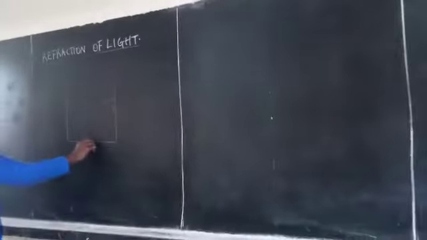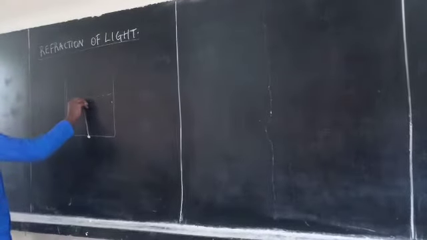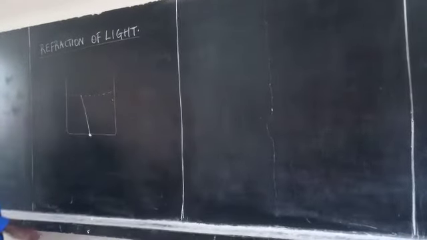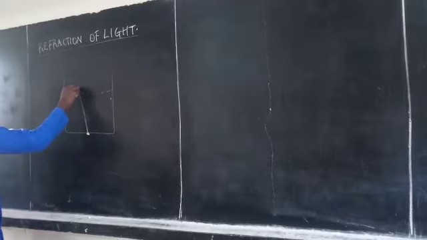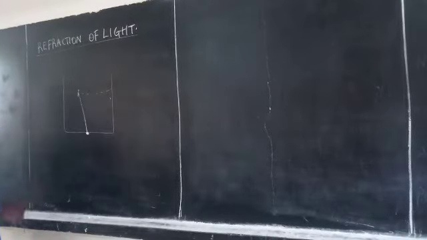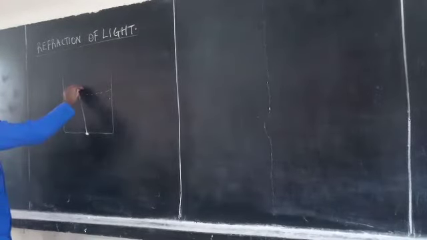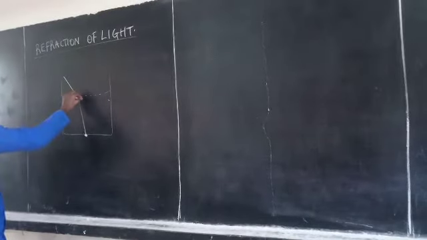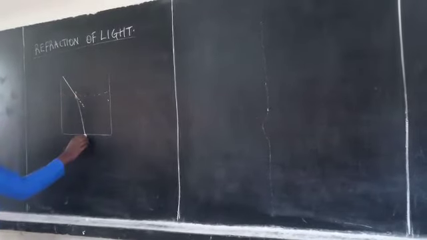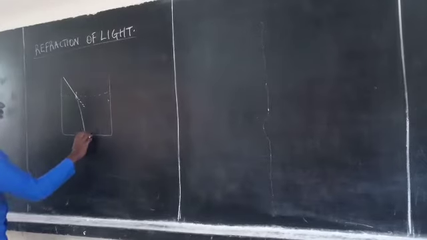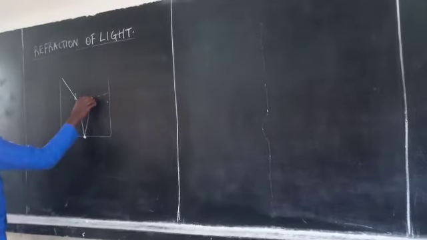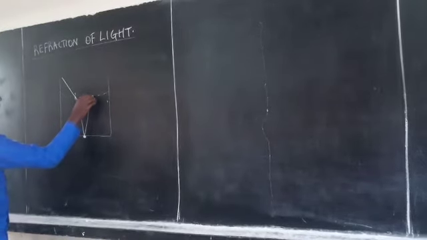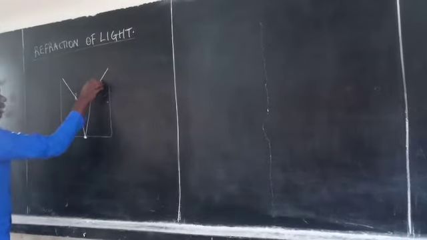So, light from here, when it strikes this surface, something happens to it. It goes away. And light from here, when it strikes this surface, is also bent towards some other direction.